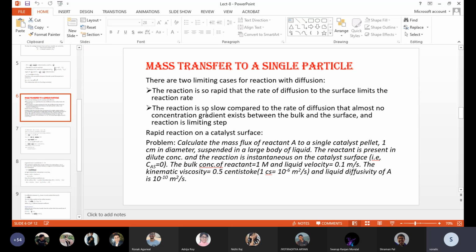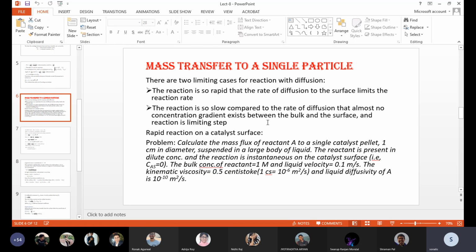Another situation may be that the reaction is so slow compared to the rate of diffusion that almost no concentration gradient exists between the bulk and the surface, and reaction is the limiting step. Diffusion is rapid, but reaction cannot occur at that rate or more. Reaction is slow, so there is some accumulation of reactant molecules on the surface, waiting for the reaction to carry out.